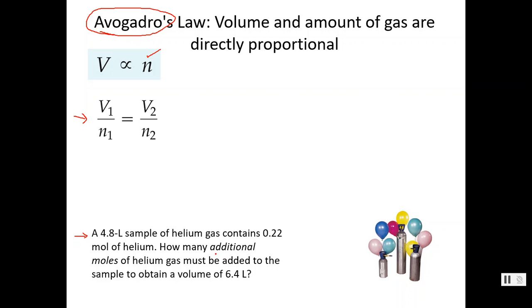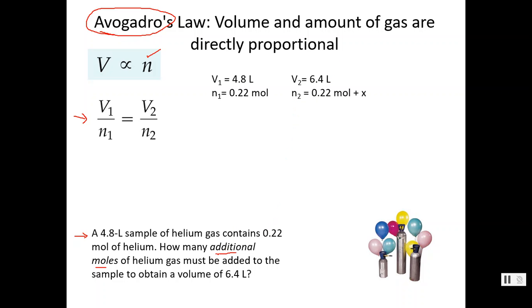I want to know how many additional moles I need to add to get a final volume of 6.4 liters. So when organizing my variables, I see that I have a V1, 4.8 liters. I have an N1, 0.22 moles. My V2 is 6.4 liters. My N2 wasn't given, and that's what we're going to be solving for.